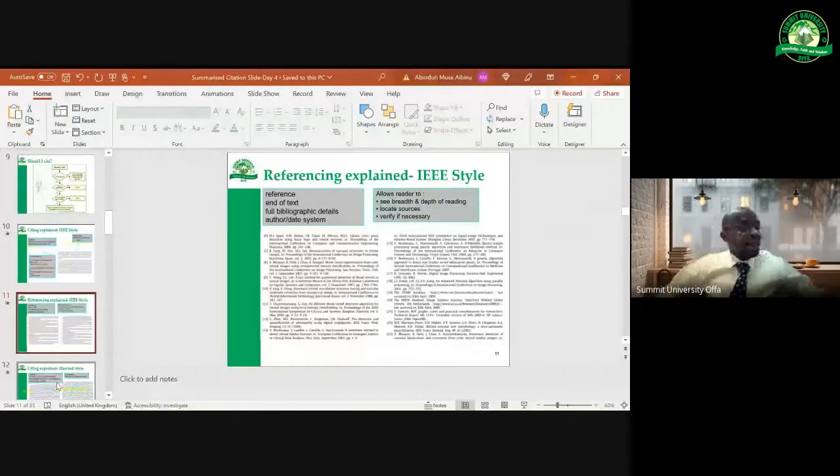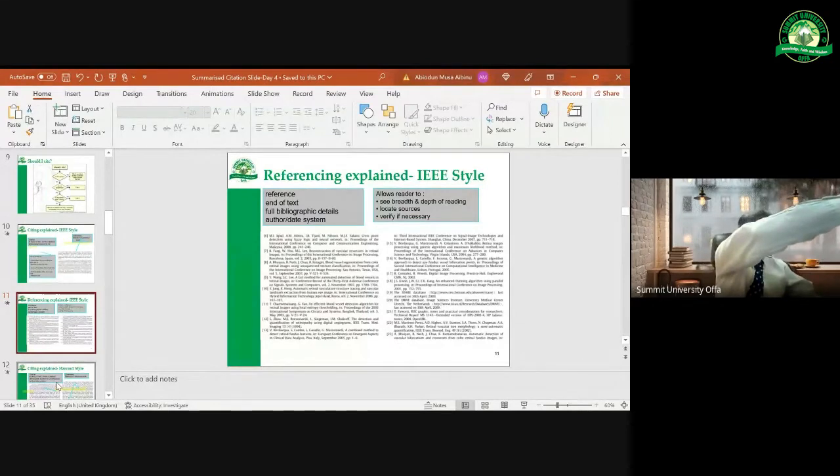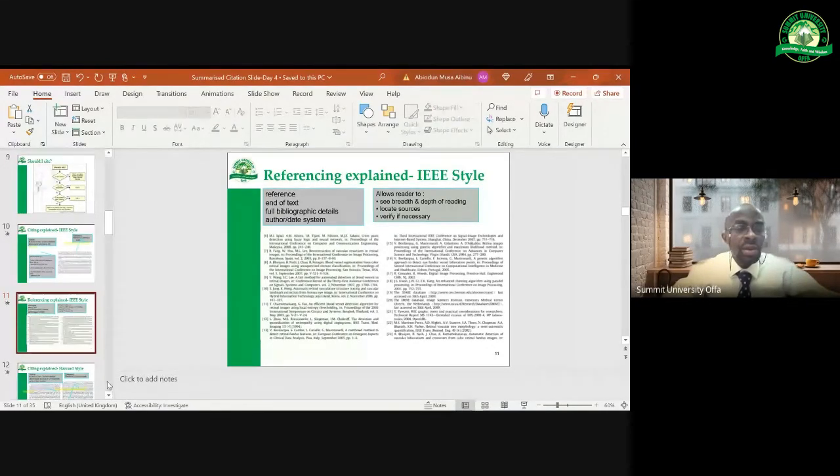So this is a reference list in IEEE style. You can see that it is numbered there. So this is a good reference list.